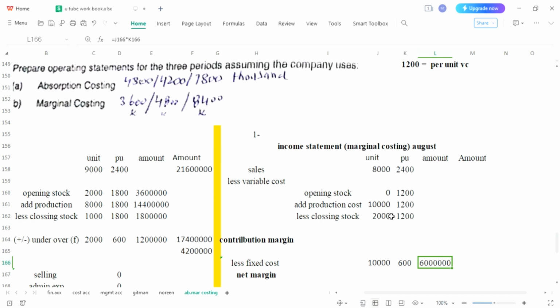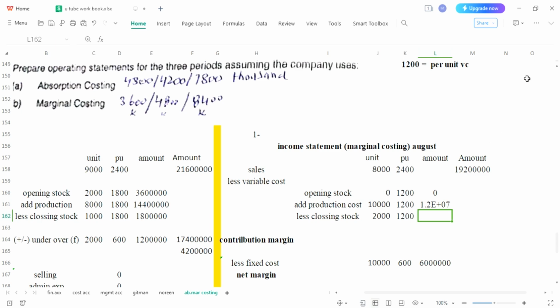We will always be writing the same fixed cost over here. All units okay, all per units okay. We are now able to calculate our amount of sales by multiplying units into per unit, which is 2400. Sale amount is calculated, we will go to the next column. Since opening stock is 0, the total amount would also be 0. Production cost: 10,000 units multiplied by 1200.